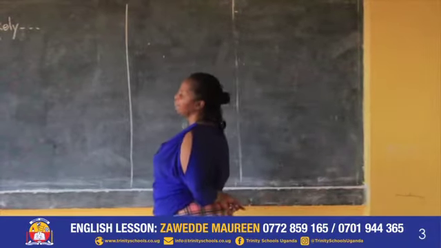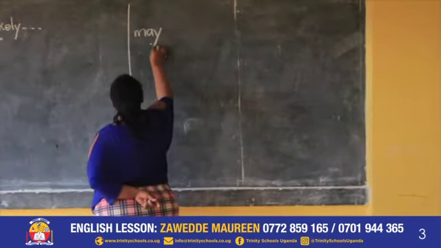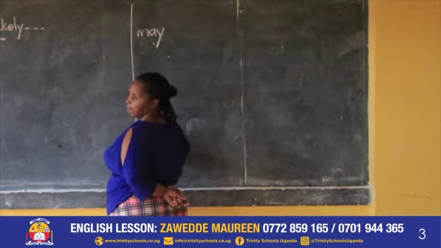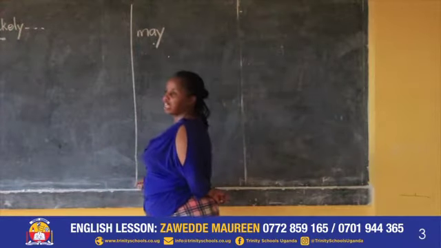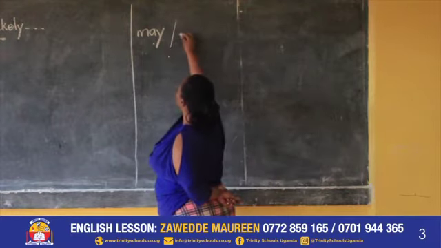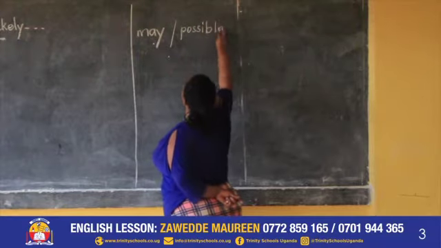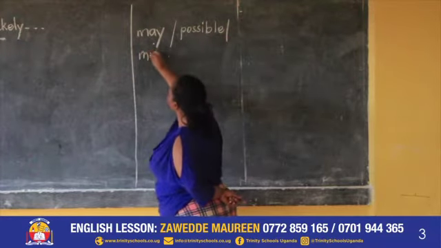At the time when we were learning likely, we said likely can mean may. It expresses an action that may happen, that is possible to happen, or that might happen.